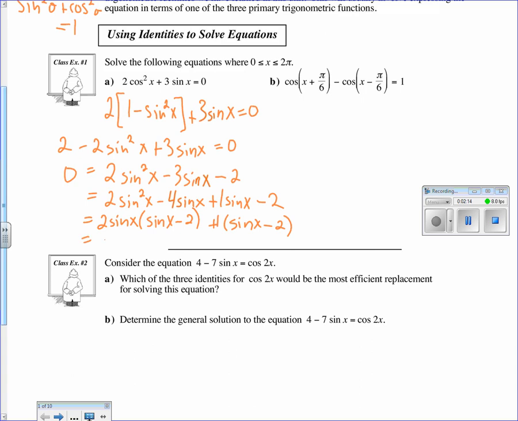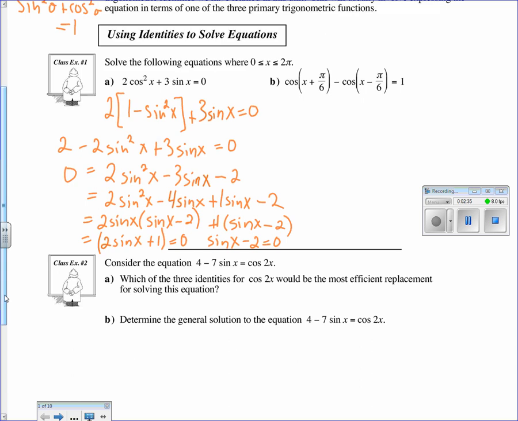And now I'm left with two factors to solve. 2 sine x plus 1 is equal to 0, or sine x minus 2 is equal to 0. Something that we've come to recognize already is that sine x minus 2 equal to 0 will not have a solution.